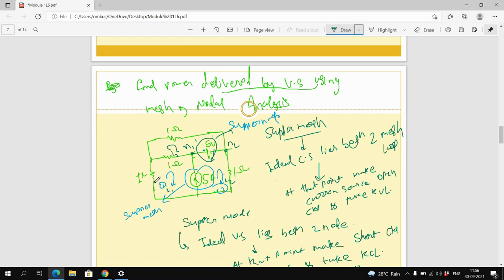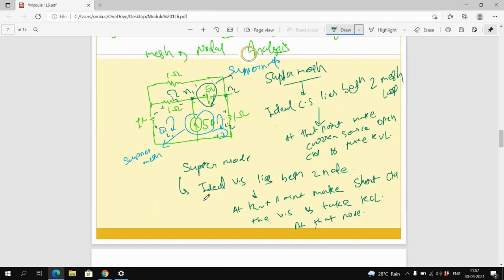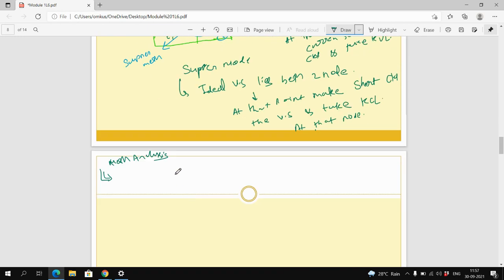The polarity is positive, negative, and this is made open circuited, so current will start flowing through this branch. So apply KVL here: you will get 1 I1 plus 1 (I1 minus I3) plus 5 plus I2 equal to 0.